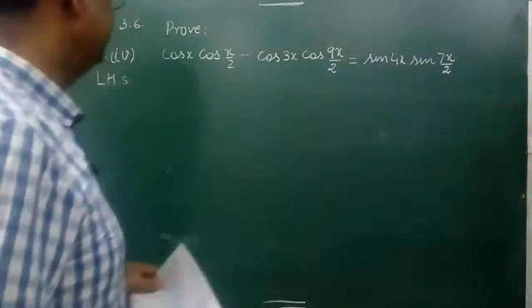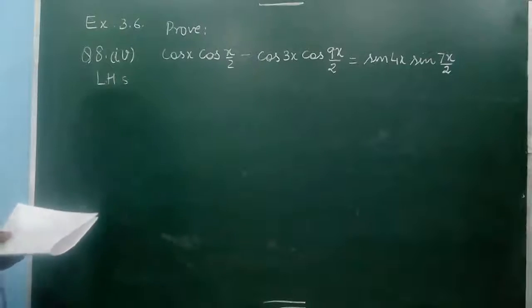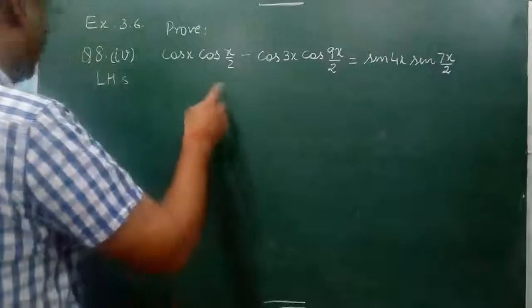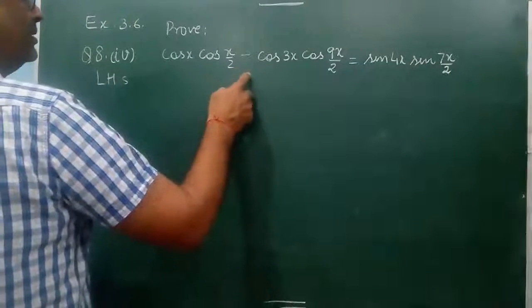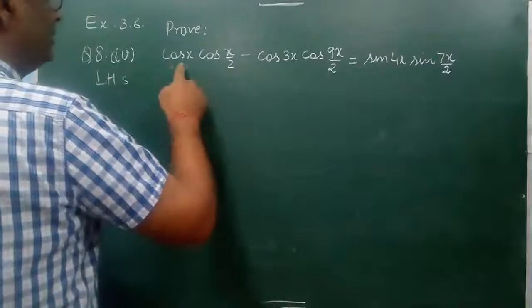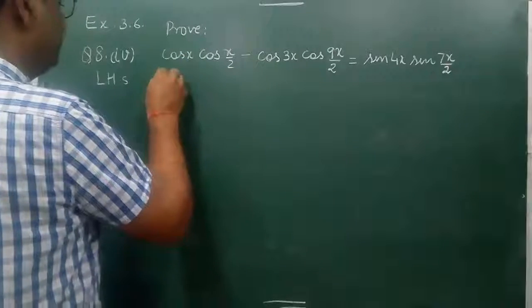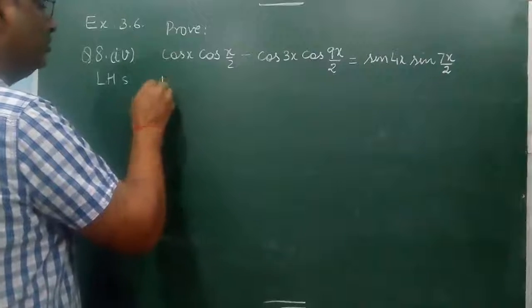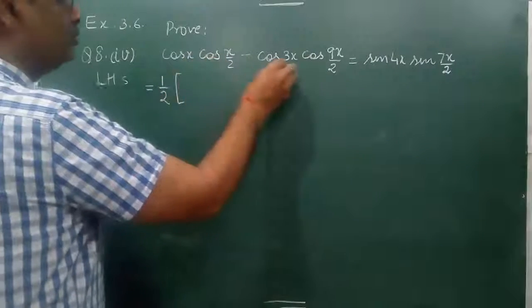This one we have to do. We cannot use the formula here. Why? Because we are not having 2 with this and this. So what we do, we take 2 out and multiply 2 to this and this.